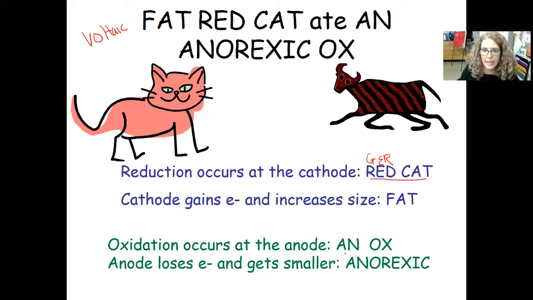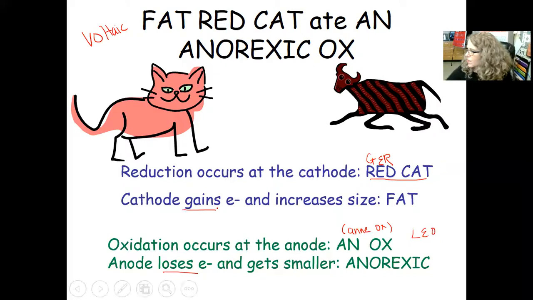So Anne ox, how about A-N-N-E, Anne ox? And the anode loses electrons and gets smaller. And then remember, Leo the lion says GER: lose electrons, oxidation; gain electrons, reduction. So, Leo the lion.